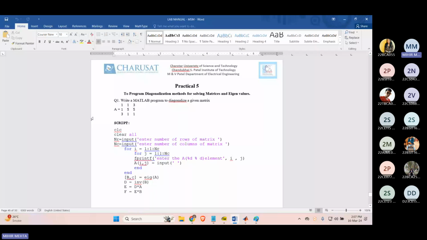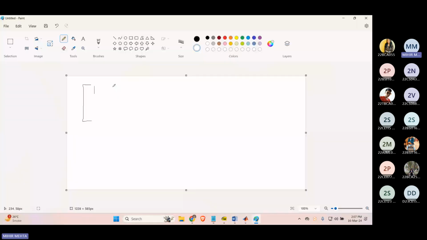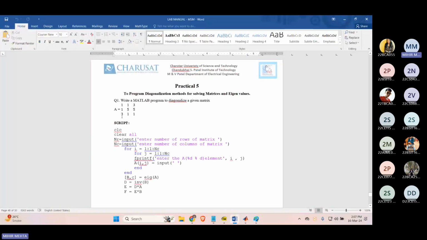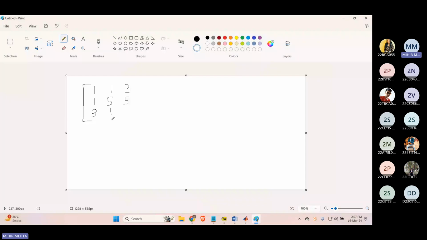In the next, you have 1, 5, 5. And lastly, in the third row, you have 3, 1, 1. So this is the particular matrix which is provided to you.